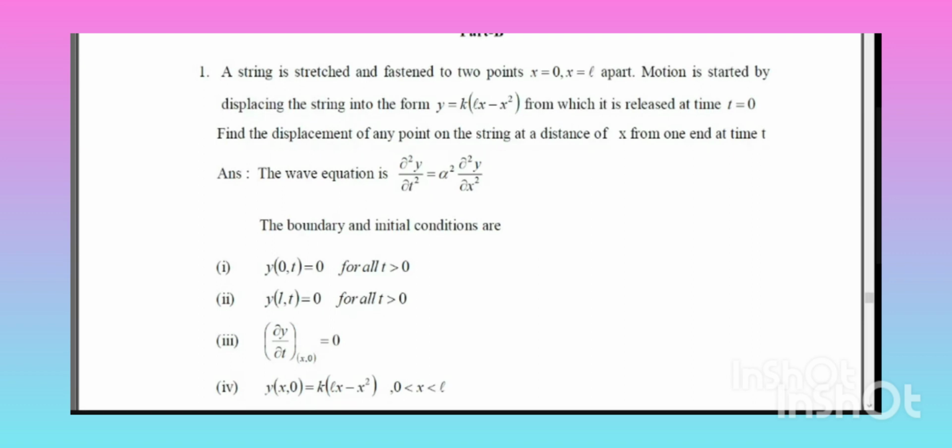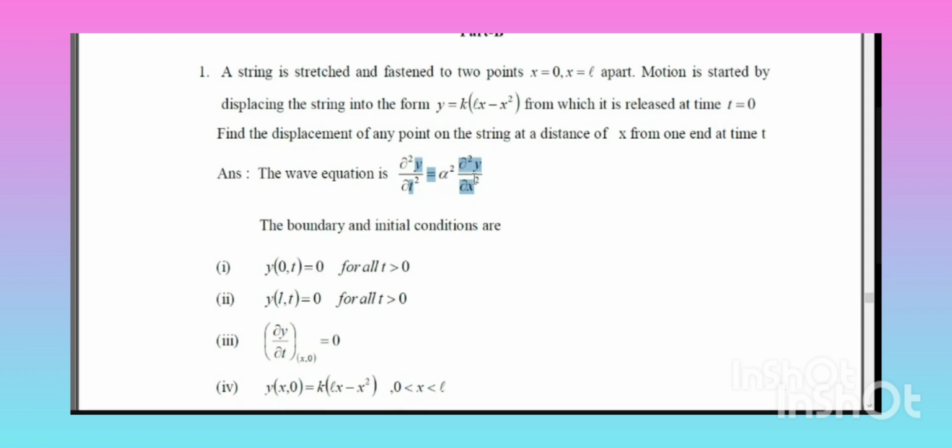The wave equation is ∂²y/∂t² = α² ∂²y/∂x². What is α² in the one-dimensional wave equation? α² = T/m, where T is tension and m is mass per unit length of the string.